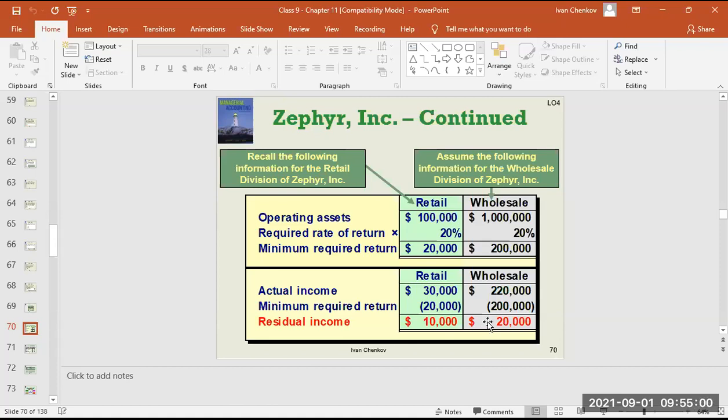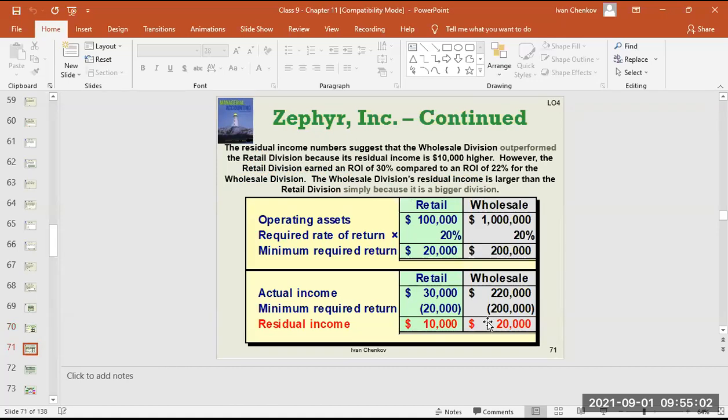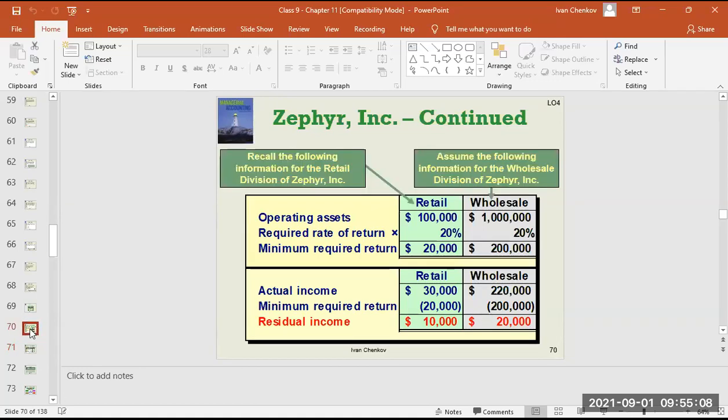But is it? If the manager doesn't understand how residual income and percentage work, he's going to say, I'm in wholesale, I'm making more money, $20,000, so wholesale is more profitable. But is that true? Obviously, that would be a mistake.